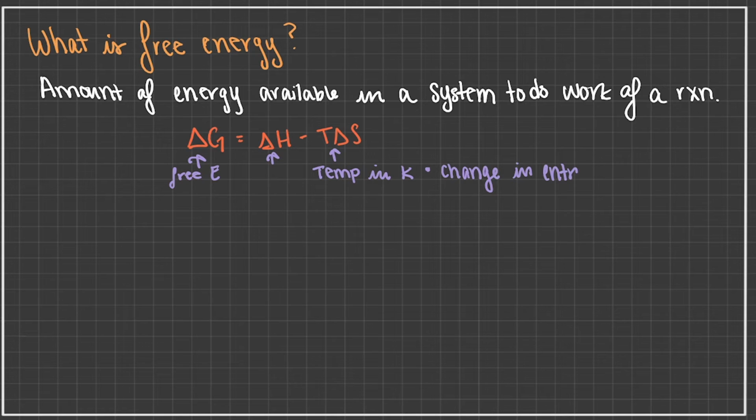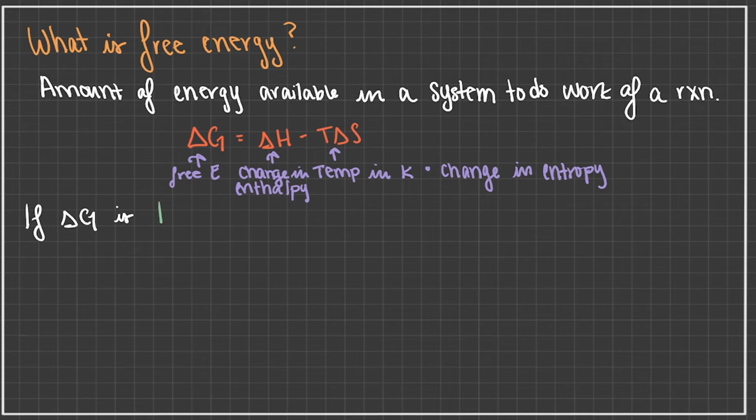Delta G is our Gibbs free energy, or as I will be referring to it today, free energy. Delta H is our change in enthalpy, and T delta S is the portion where temperature in Kelvin is multiplied by our change in entropy.